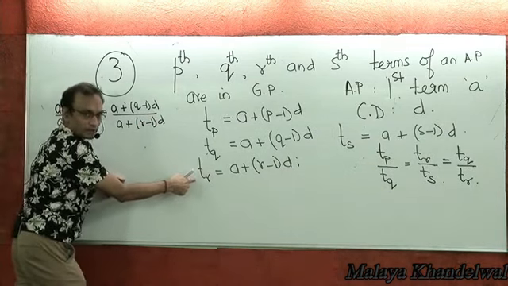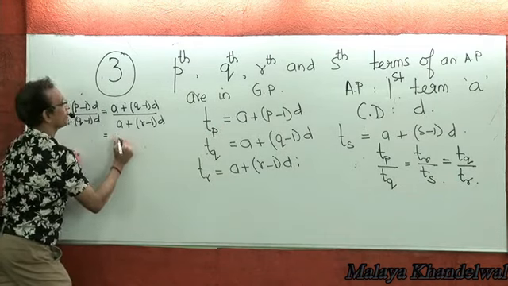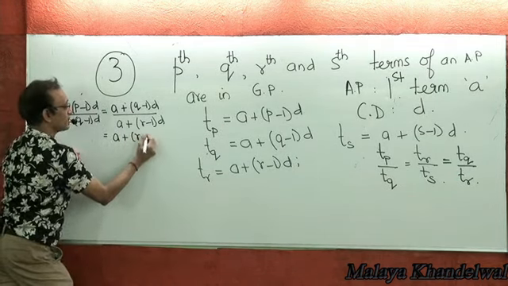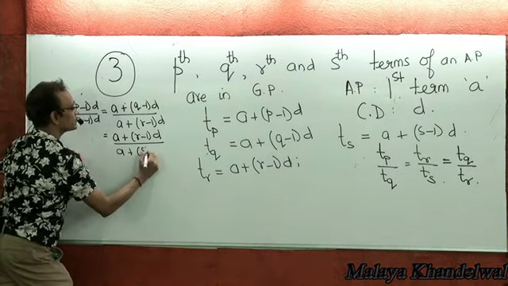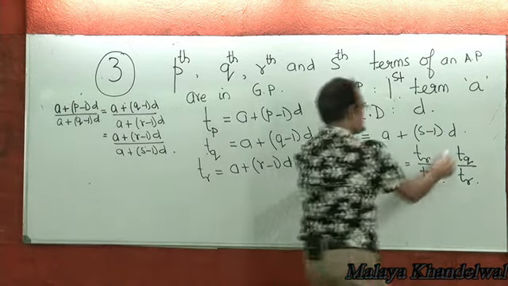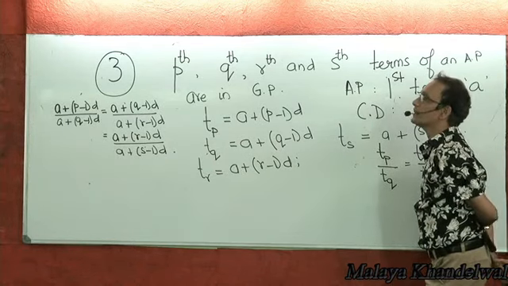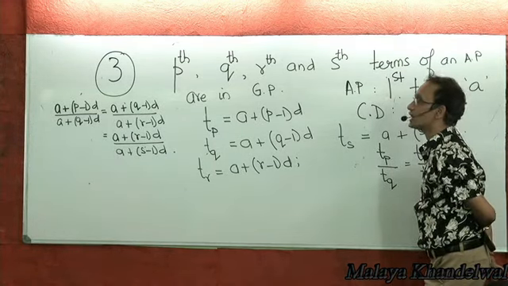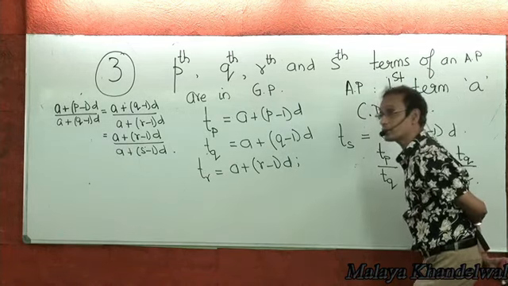TQ by TR, and each must be equal to TR by TS. TR is A plus R minus 1 into D divided by A plus S minus 1 into D. Can I say all of this? Which is just rewriting the statement. TP by TQ is TQ by TR is TR by TS, because TP, TQ, TR, TS are in geometric progression. Clear?